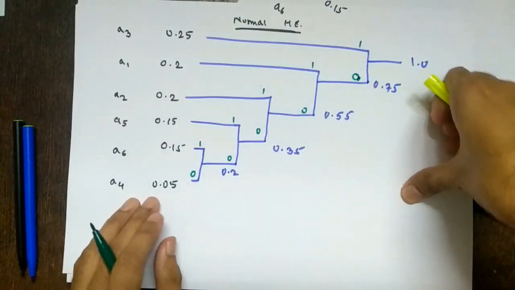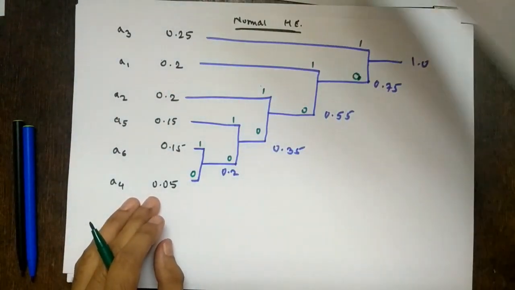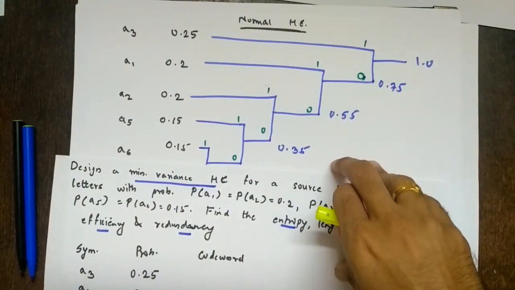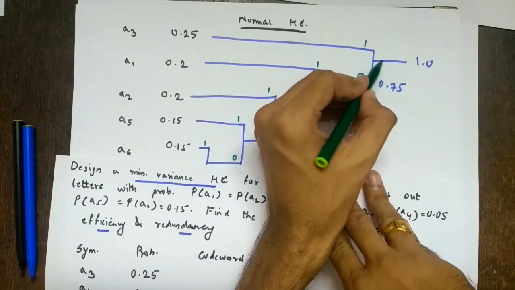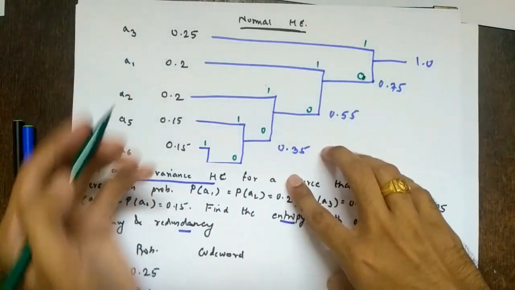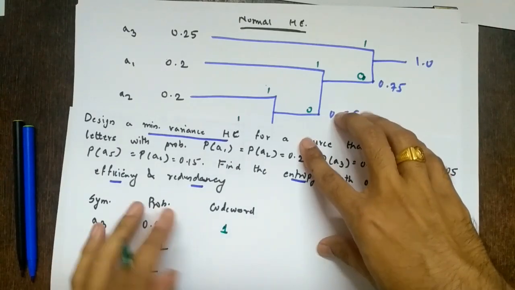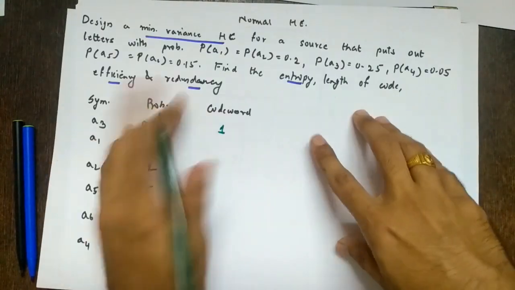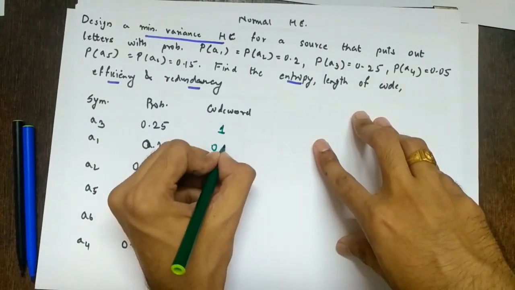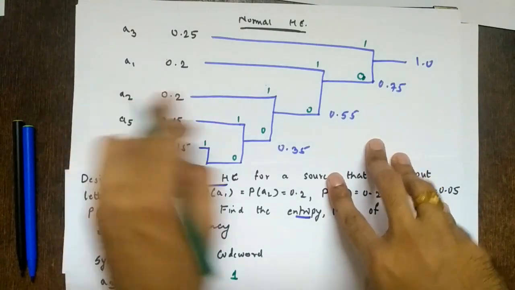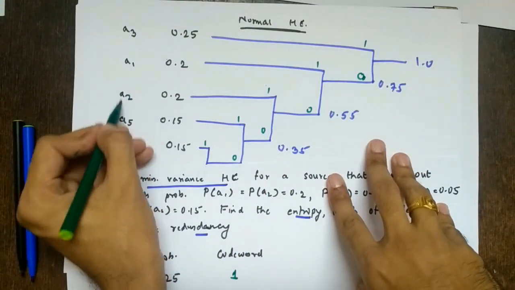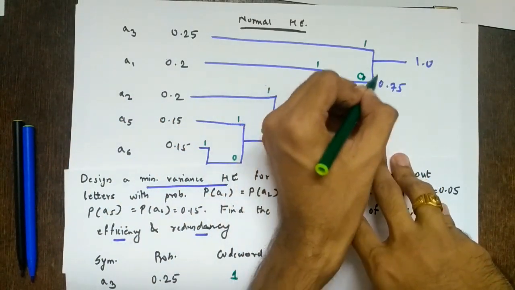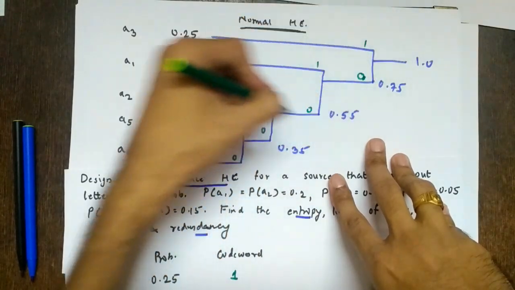Then we start writing the code words. Okay. So let's populate them here. For A3, highest probability, we are getting the smallest code word of length 1, and the code word is 1. Then for A1, we have 0, 1. For A2, if you are confused, what you can do is go like this: 1, 0, 0, but you have to take the code word in the opposite sense.